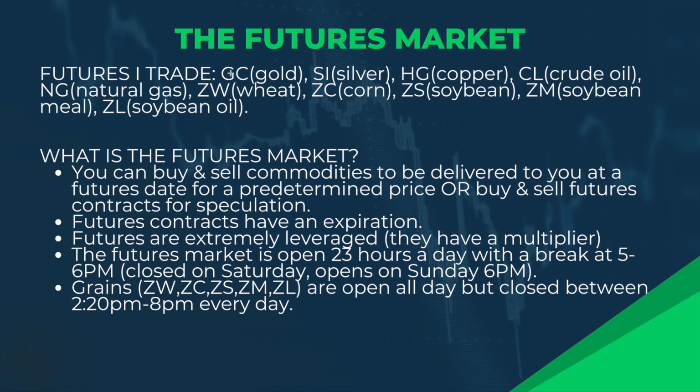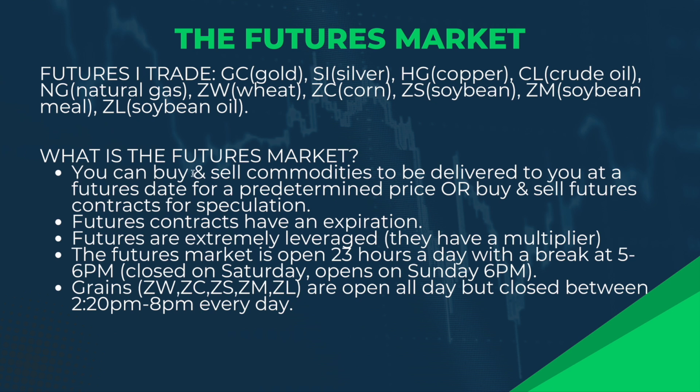So let's begin with what is the futures market. Basically, the futures market is somewhere you can buy and sell commodities to be delivered to you at a future date for a predetermined price. Or obviously you can just buy and sell commodity contracts for speculation or basically trading.